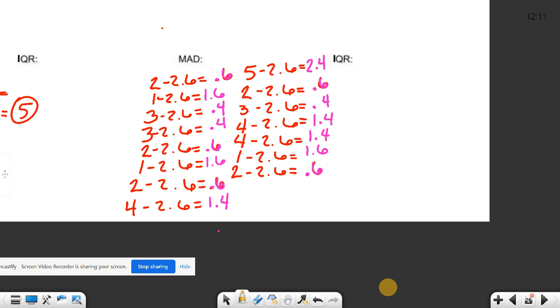We have subtracted, so what do we do now? Mean, subtract, what do we do now? Find the mean again. So we add all of the answers up and divide.